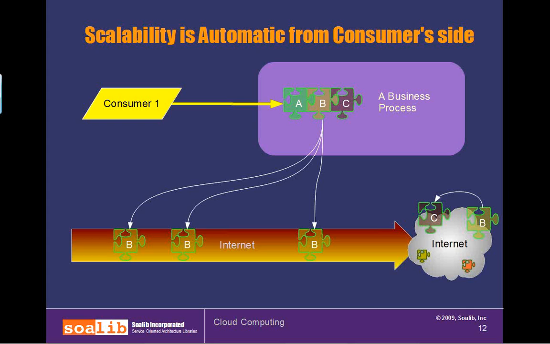B can use any one of these available B services on the internet. As you can see, there are 3 B services, and there is also 1 B service on the internet, and any one of these B services can be used by A. This decision is based entirely by the service, and as you can see, B relies on C, and C can also be distributed like B.